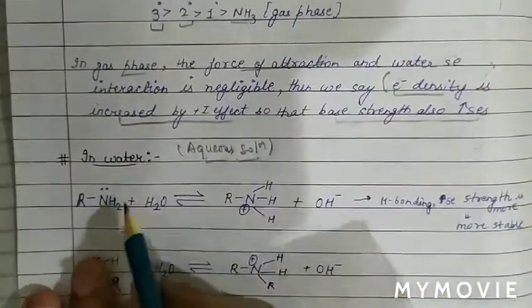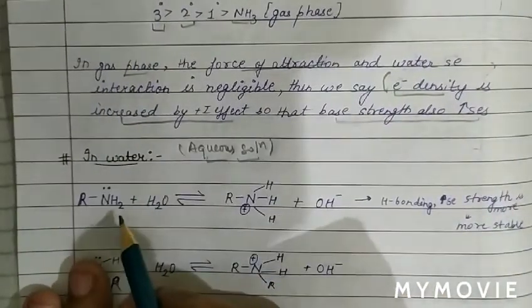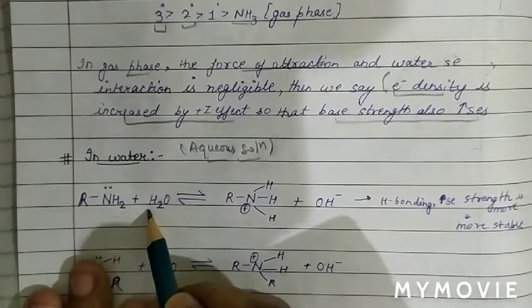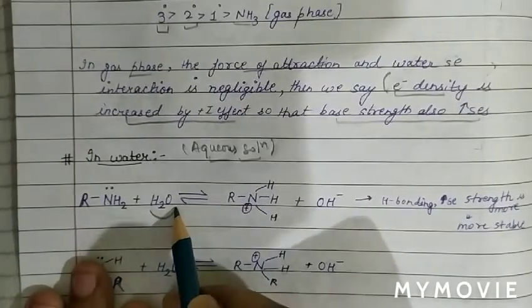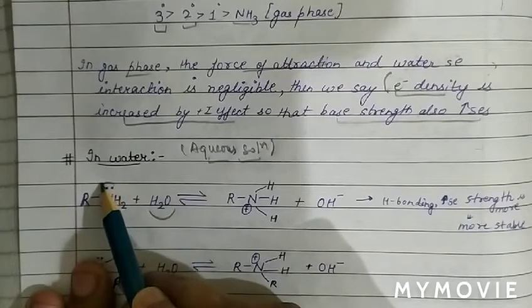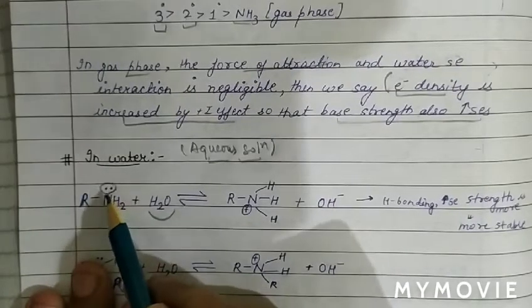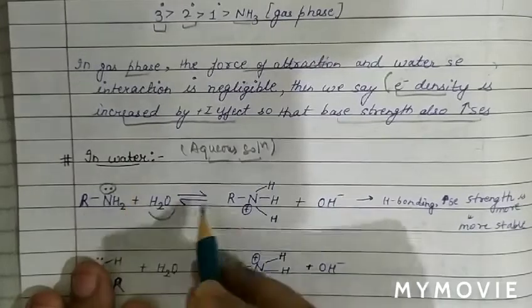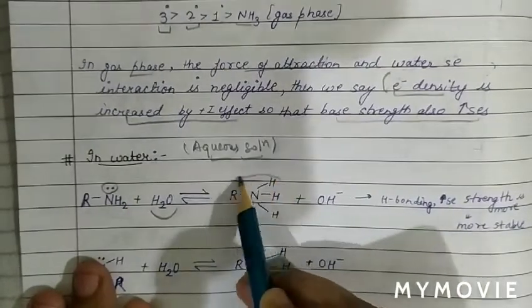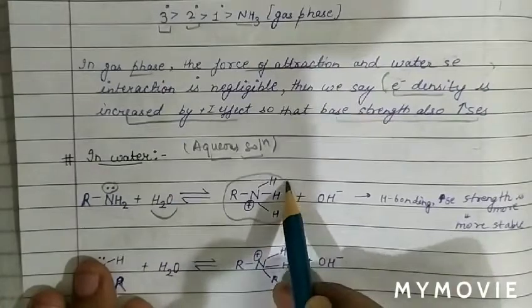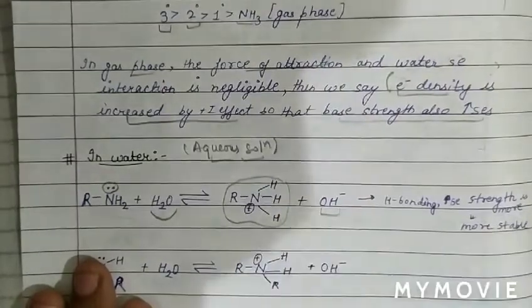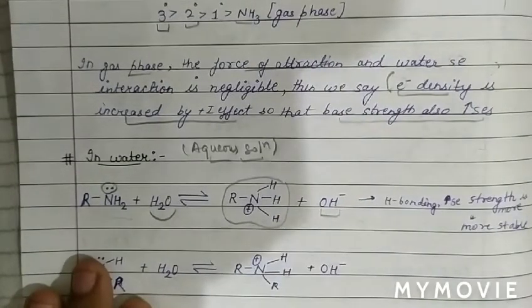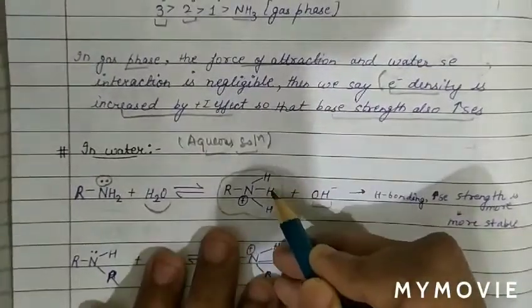As we know, when a 1 degree amine is dissolved in aqueous solution, since the nitrogen atom has an electron pair, it will accept an H plus ion from water and forms RNH3 positive ion and releases OH minus ion in the solution. As we can see, there are 3 hydrogen atoms.